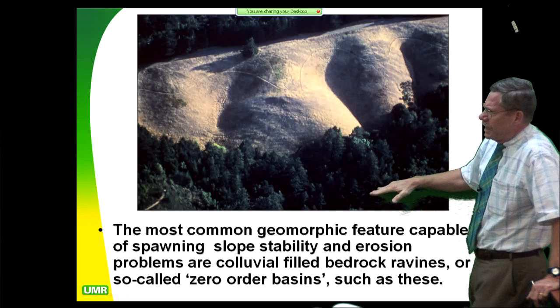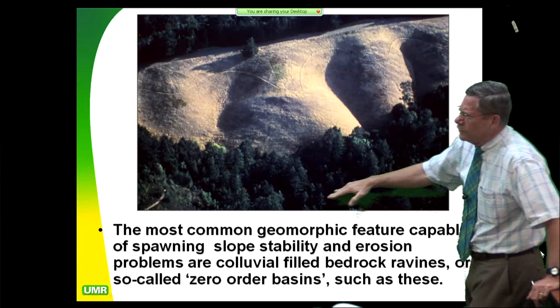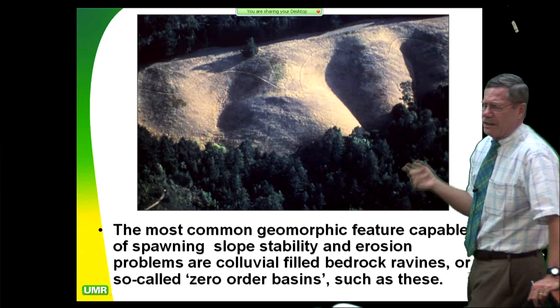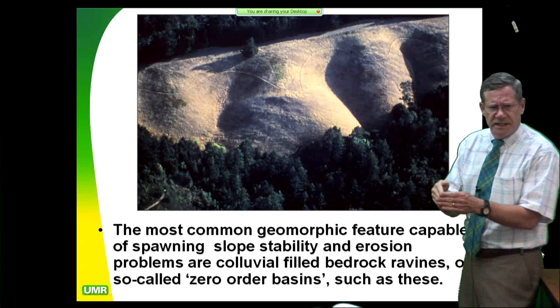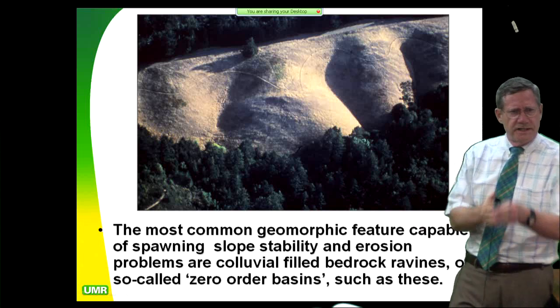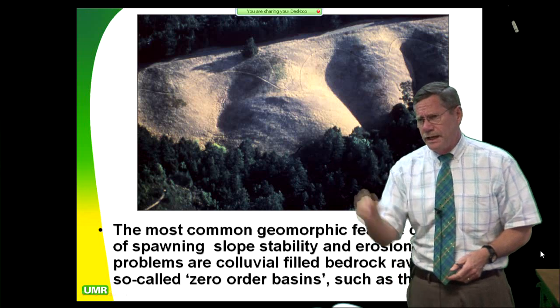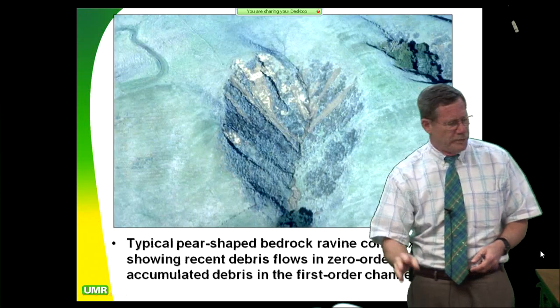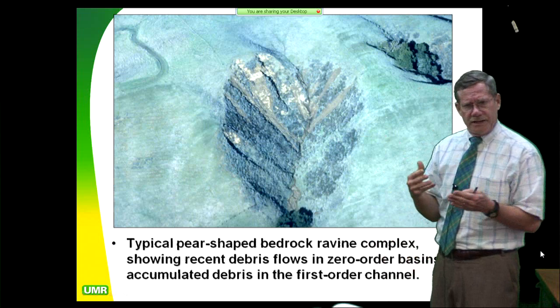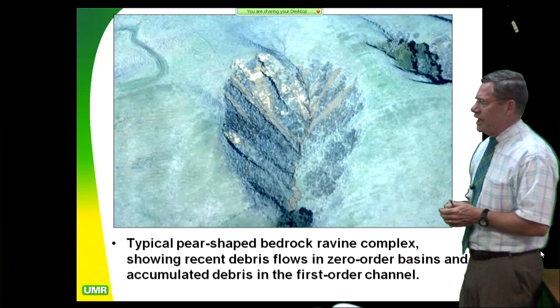And the first time you get a channel down here underneath these redwood trees, that first channel is a first-order channel. And the one it runs into is a second-order channel, which runs into a third-order channel, and so on. Each one with increasing level of stream power, and so ability to react to environmental change.